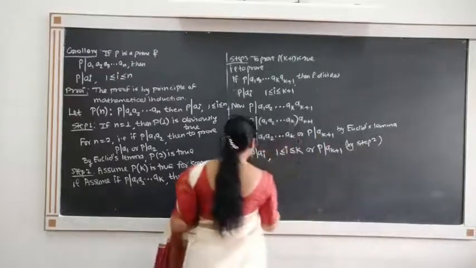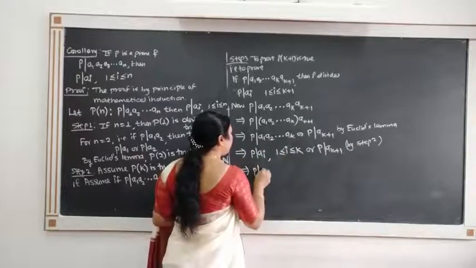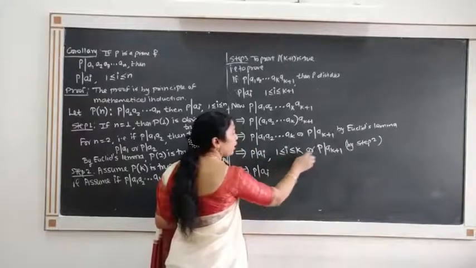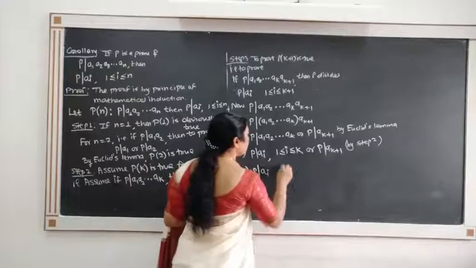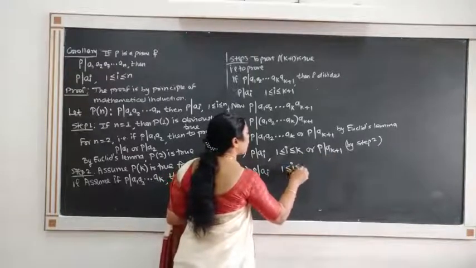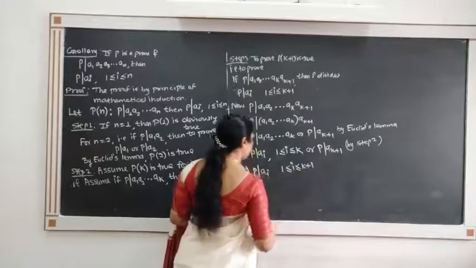And therefore P divides Ai where i is from 1 to k plus 1.